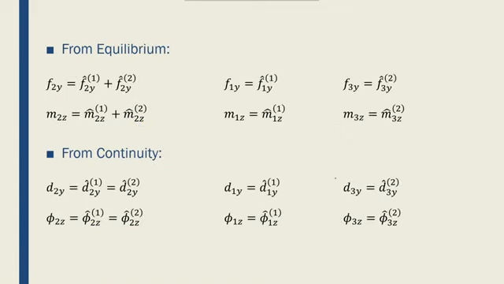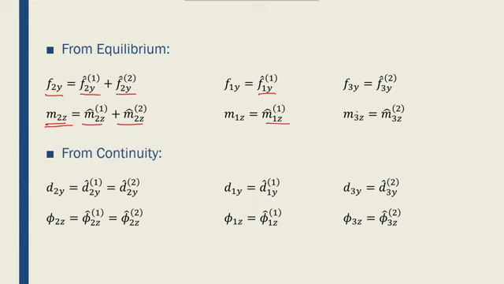Before I move on, let's use equilibrium and continuity. From equilibrium, I can say that the local forces at node 2 summed together would give me the global force at node 2. The summation of local moments at node 2 from two elements gives me the global moment at node 2.